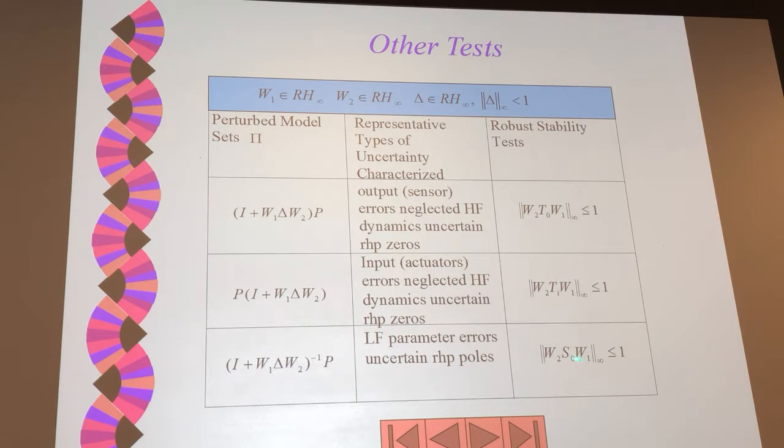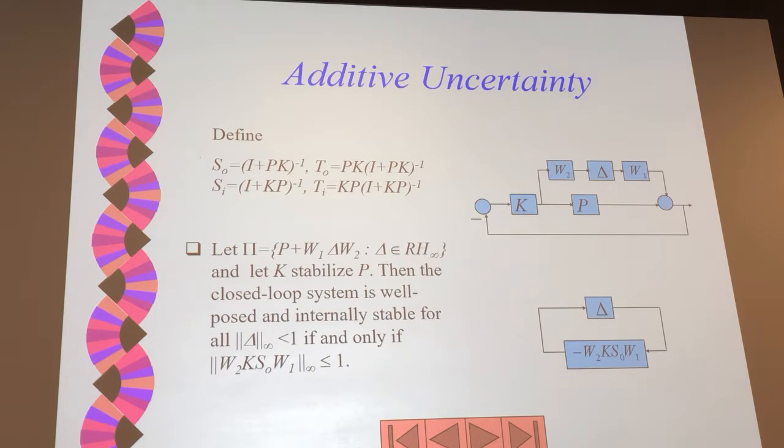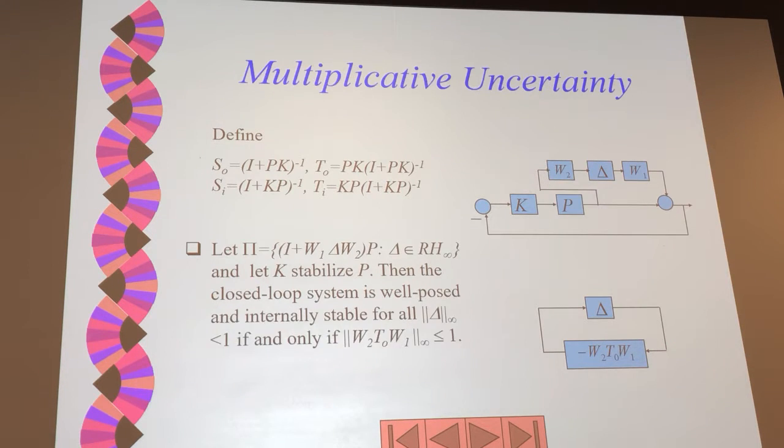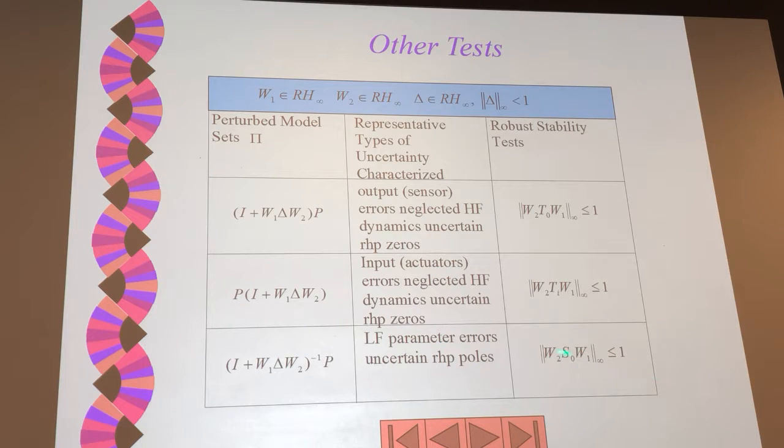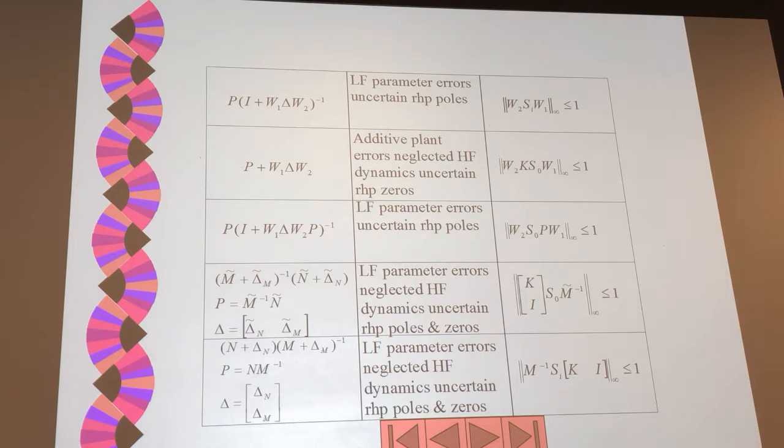S is the output sensitivity function. So you can verify this by careful manipulation using this separation principle, pull out and leave all the rest, and this is the rest. You can define all different structures in here. Then you will have different conditions.